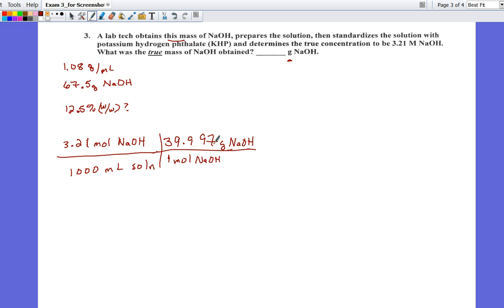Just like so, if you made this amount, and from the previous problem, you made 500 milliliters of it, right? So this milliliter here needs to be canceled out. You made 500.0 milliliters, the volume the solution was prepared to in the previous problem.